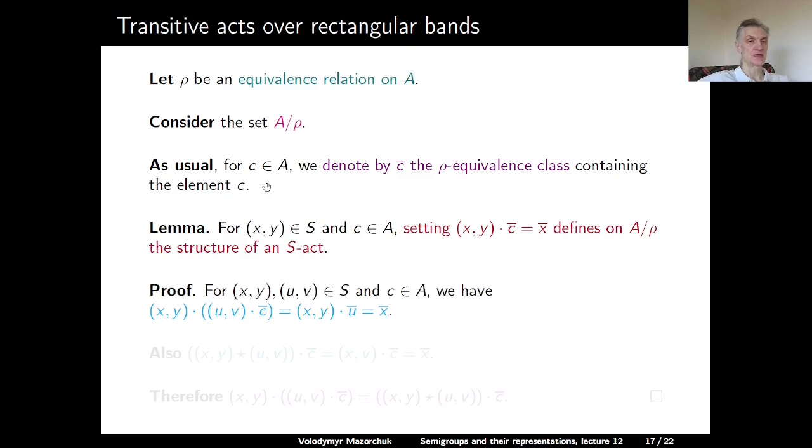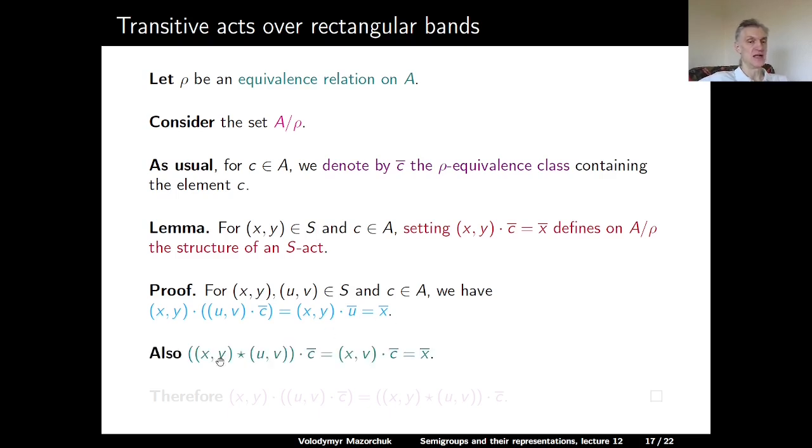Proof: let's take two elements (x, y) and (u, v) in S, and let C be an element of A. So acting by (x, y) on (u, v) acted upon C overlined, we get (x, y) acting on u overlined by definition, and if we apply (x, y) to u overlined, we get x overlined.